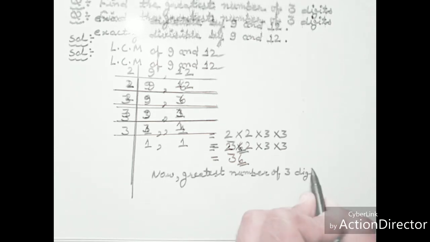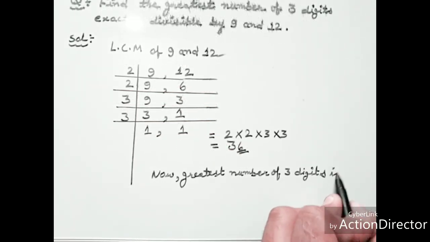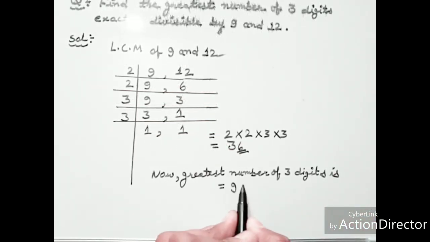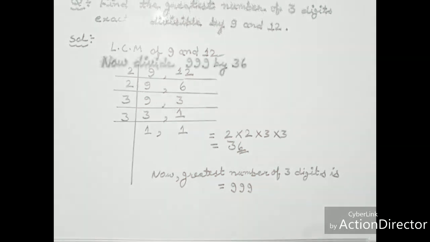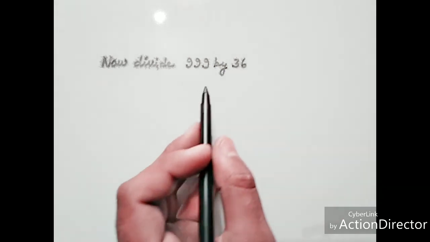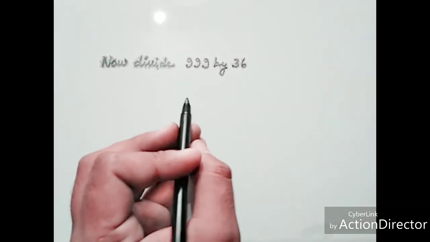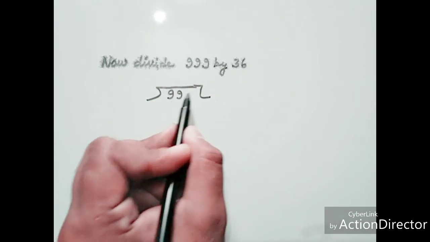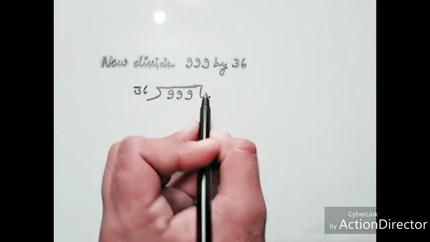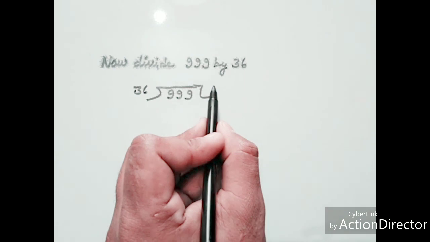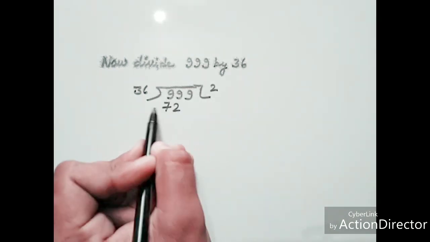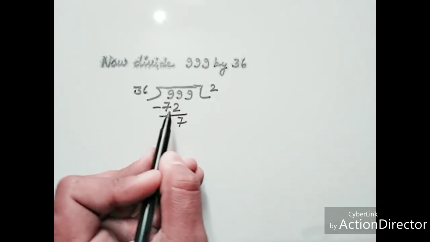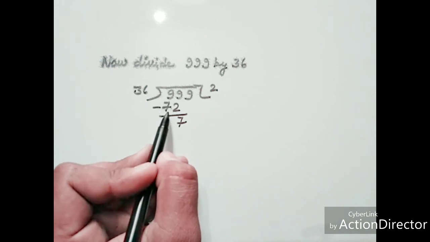Now the greatest 3 digit number is 999. Now divide 999 by 36. So first we divide 36, 2 is 72, 9 minus 2 is 7, and 9 minus 7 is 2.